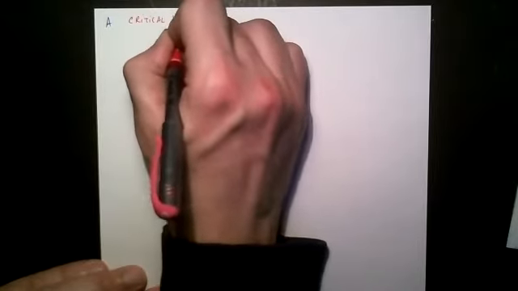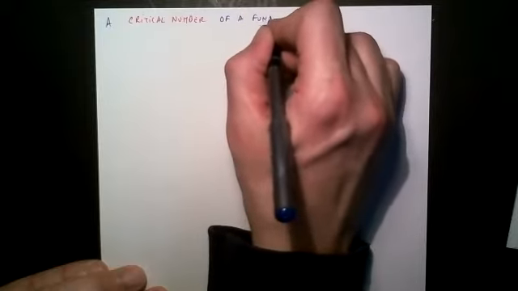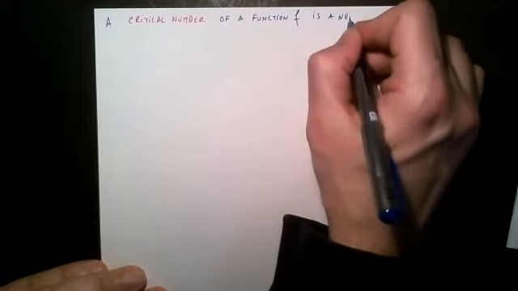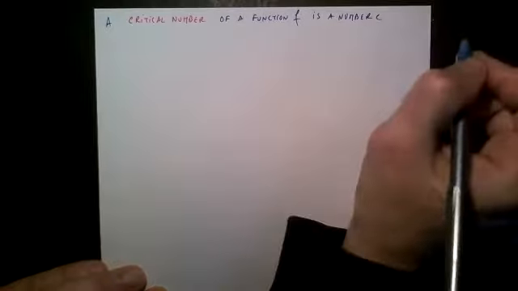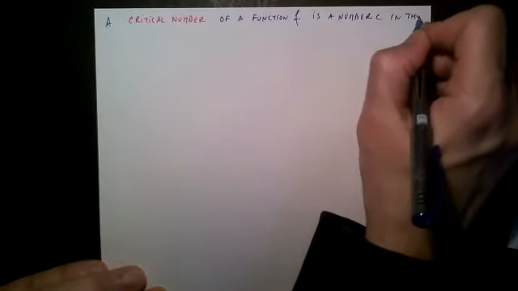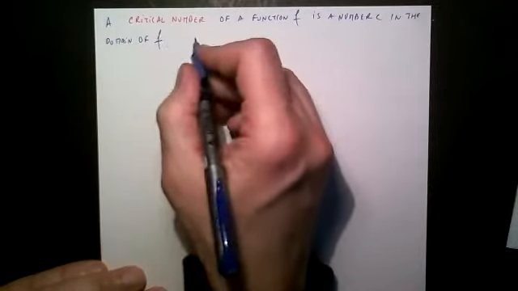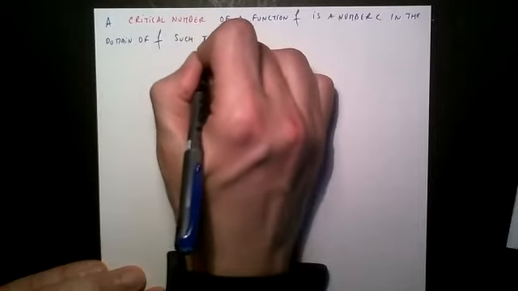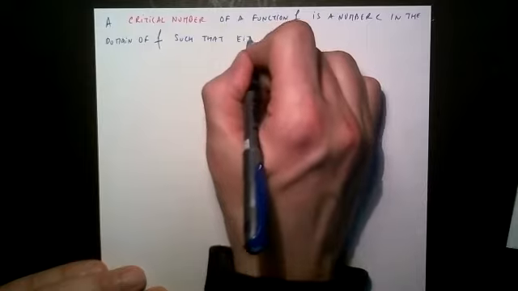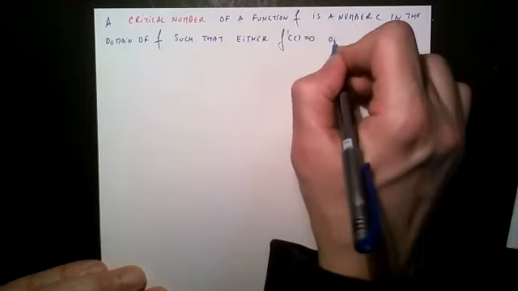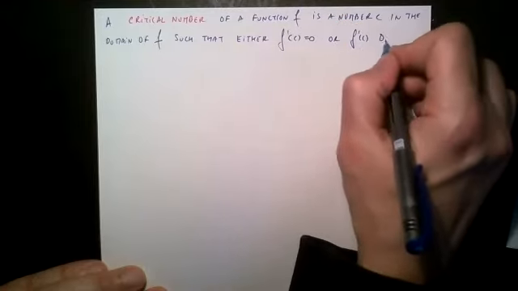A critical number of a function f is a number c in the domain of f such that either f prime of c equals 0 or f prime of c does not exist.